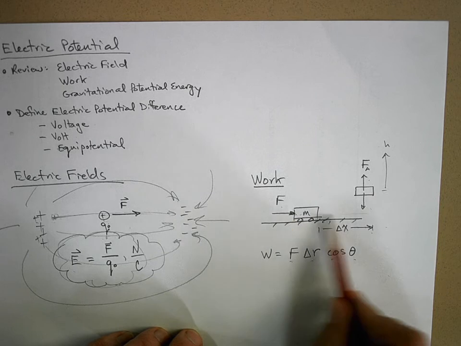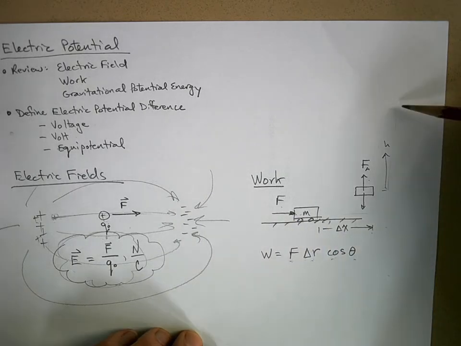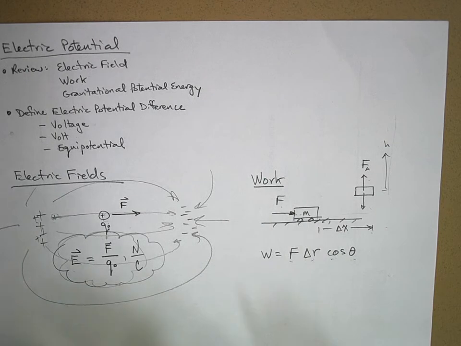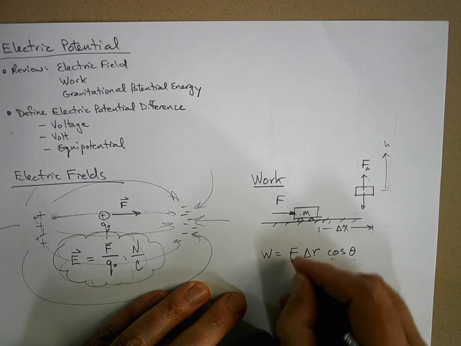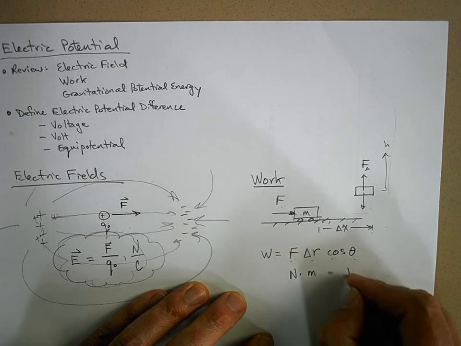Here our force and our displacement are in the same direction. Here I'm applying a force up and I'm displacing up. So the angle between the force and the displacement is 0. The cosine of 0 is what? It's 1. Okay, and then these have units of newtons times a meter. That was called a joule.